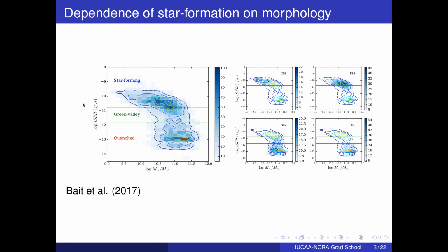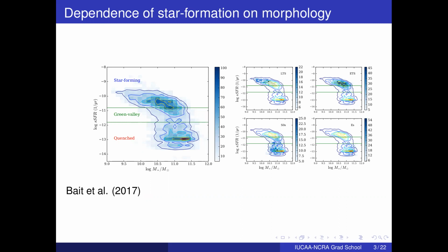And of course, high SSFR means you are highly star forming. Low SSFR means you're not forming too many stars. So you can divide the space into three regions. Above this line are the star forming galaxies. Then in between are your green valley galaxies, and here are your quenched galaxies.